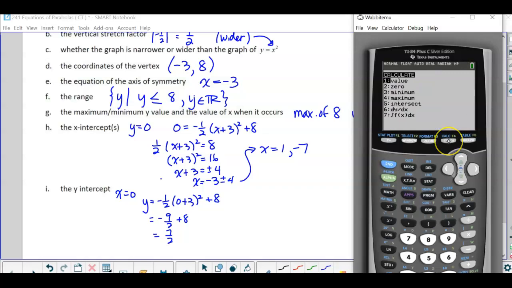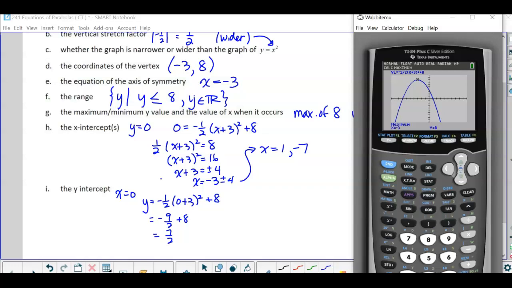Let's find our vertex. So second trace, which is calc, and we're doing a maximum. And then cursor to the left of where you think it is. Enter. To the right of where you think it is. Enter, enter. Negative 3, 8. That's good. So if you've checked the vertex and the y-intercept, you're good to go.